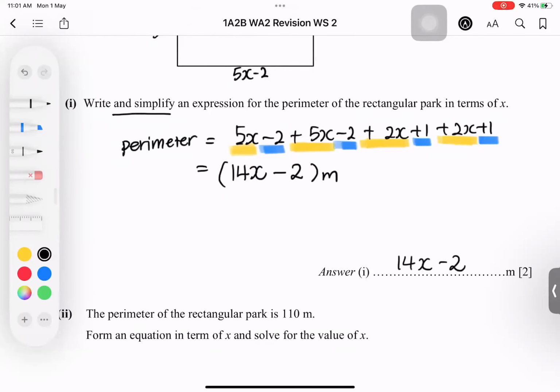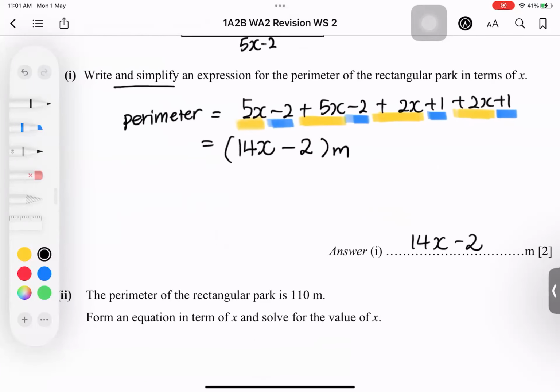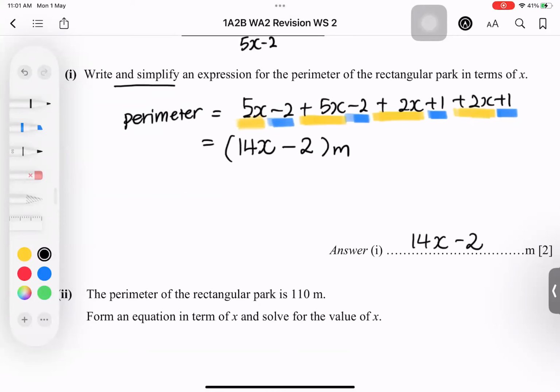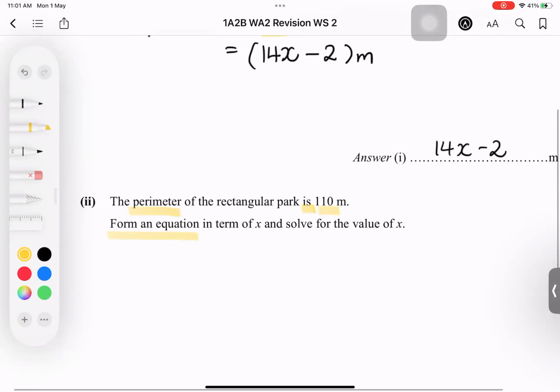Okay. Now the next part of the question, this is the part where you need to form an equation. Question says, form an equation. So must have an equal sign somewhere. Question says, perimeter is 110.